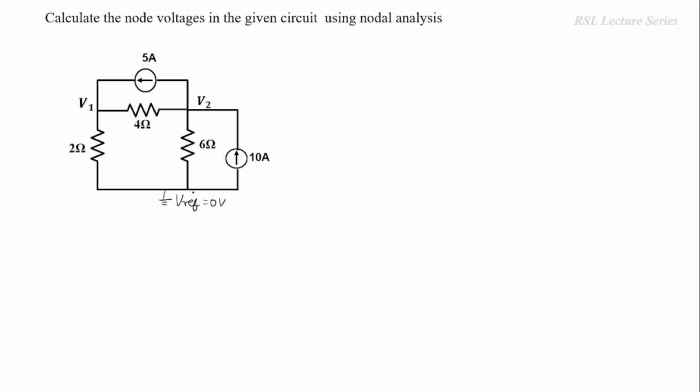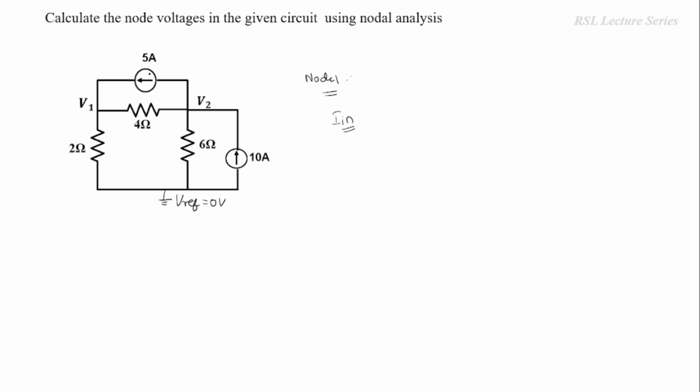Now we are going to write down the node 1 equation. In node 1 the elements connected are 2 ohms, 4 ohms, and this 5 ampere source. Now we have to write both incoming and outgoing currents. Incoming current is with respect to a current source only. If the direction of the current source is flowing towards the node, then it is considered as incoming.